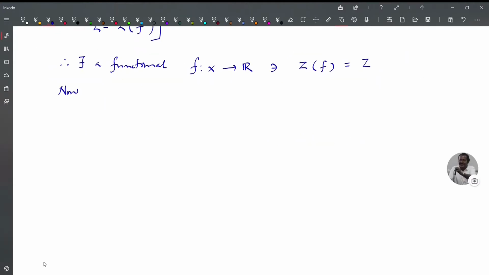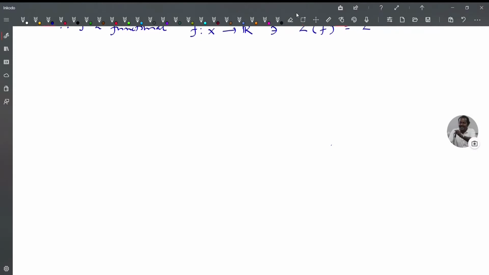Now, x belongs to Y implies x belongs to Z, since Y is contained in Z. And we have Z is equal to the null space of f. So this implies x belongs to the null space of f.